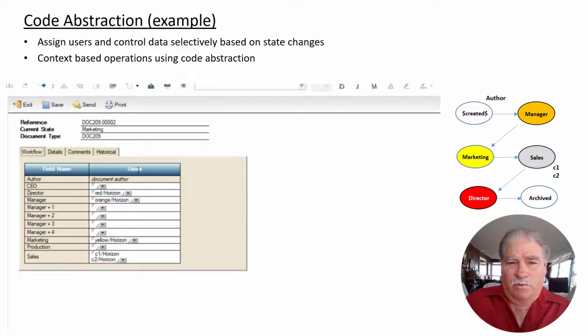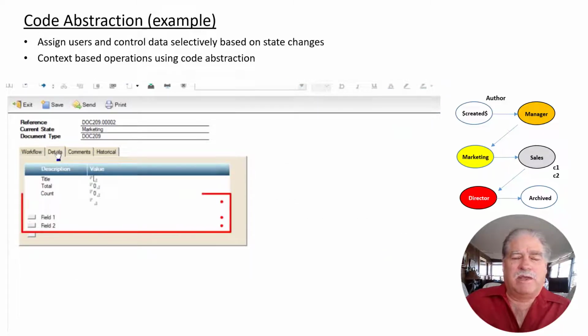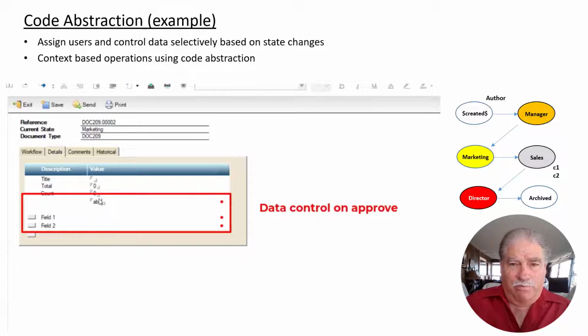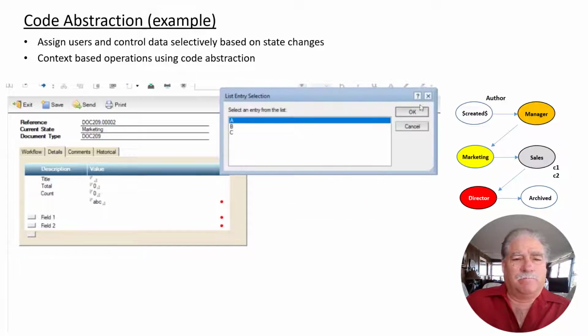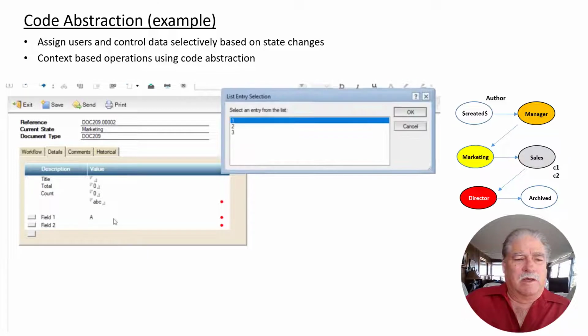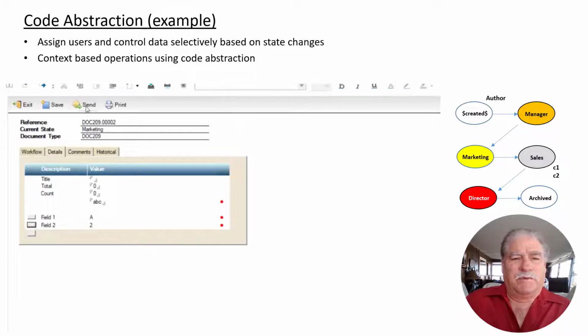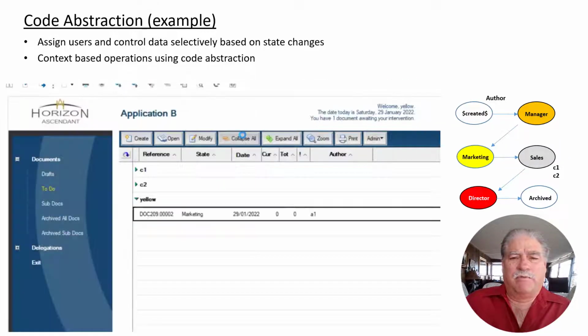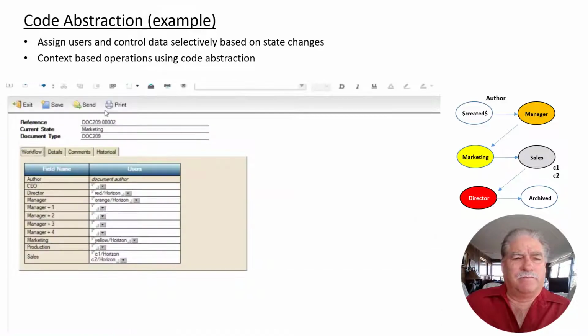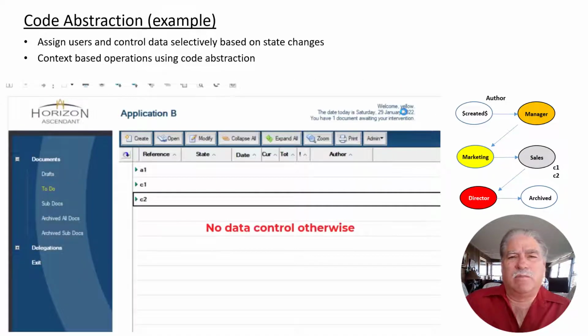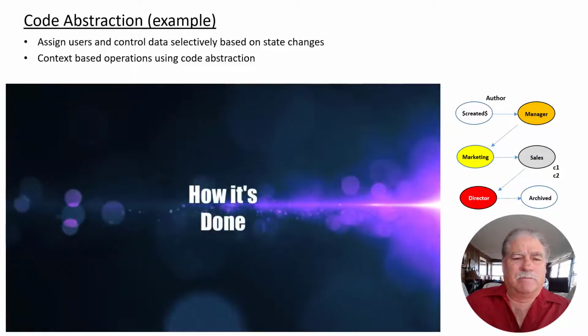You can see the control is applied when marketing attempts to approve the document. So we'll fill in those fields and now approve it. As you can see, it goes off. And when the document is sent back to the user for modification, no controls are applied.